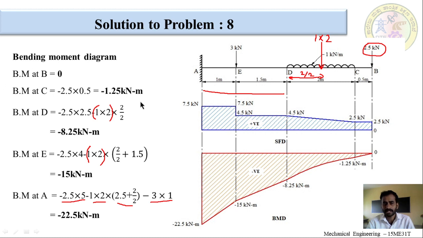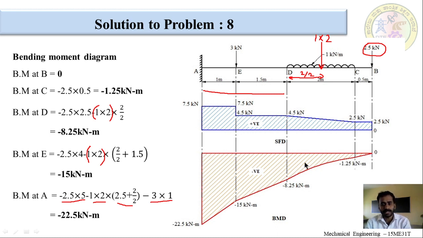What is bending moment at C? It is minus 1.25. So, mark minus 1.25, that is below this line because it is a negative sign, and join this from B to C with the inclined straight line. Okay. There is no load, hence it increases gradually, linearly from 0 to minus 1.25. So, it is a straight line.